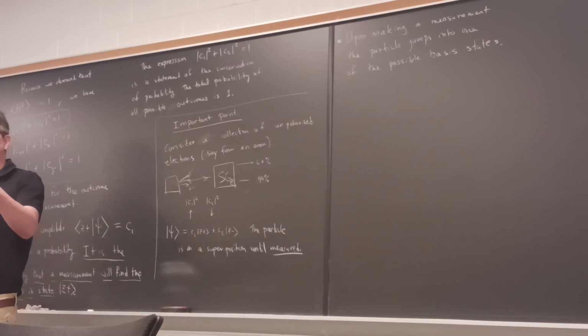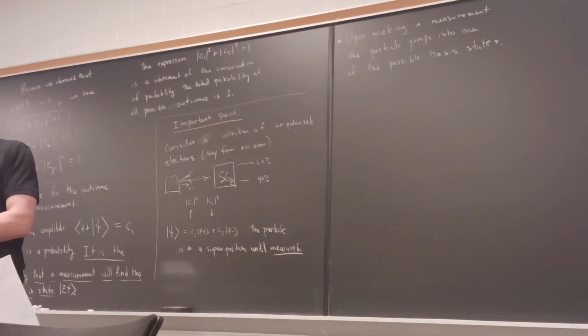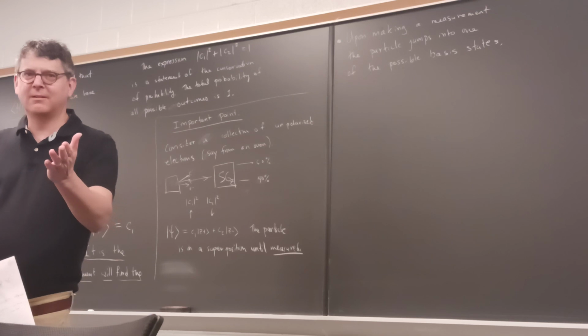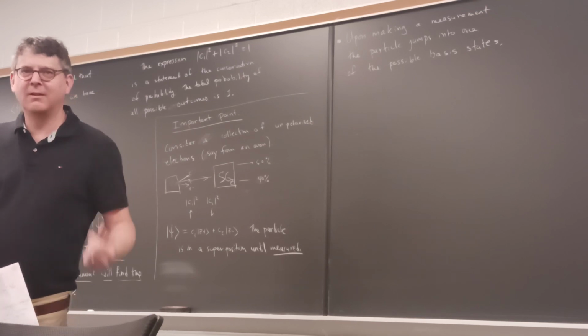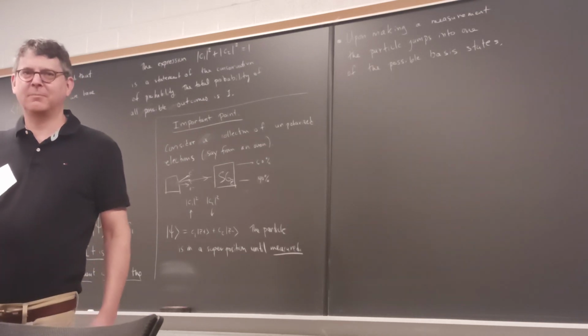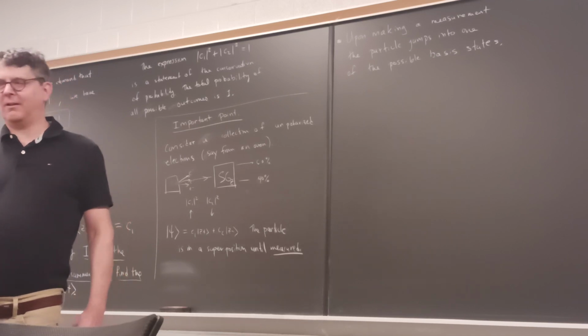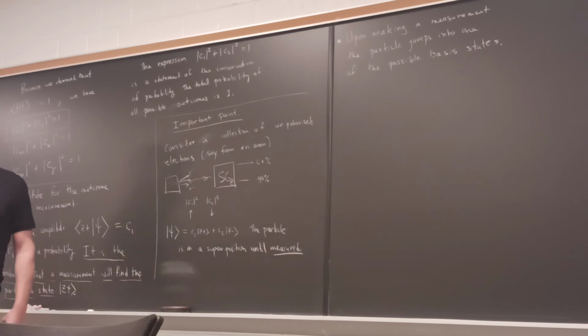I was just trying to reword what I thought he was asking: how do you know that it is in a superposition until you measure it, as opposed to it being in a state and then you measure it? Because you don't know until you measure it, right?